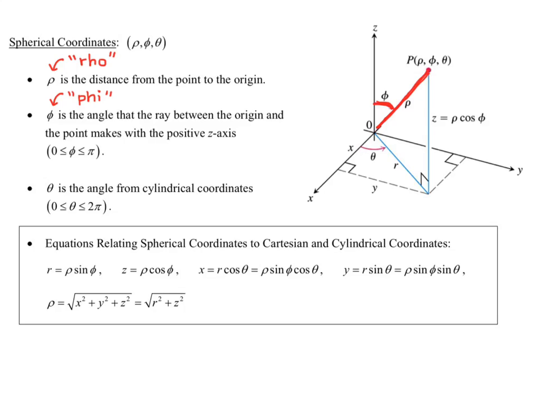In addition, rho is equal to the square root of x squared plus y squared plus z squared. So you can see it would be easy to express a sphere in spherical coordinates.